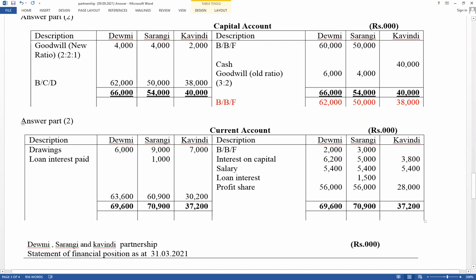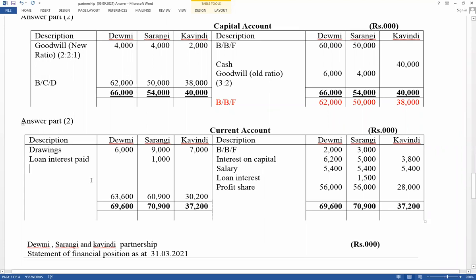Closing balance should include balance brought forward also. Take the closing balance also. And in the given trial balance, the salary paid amount also.